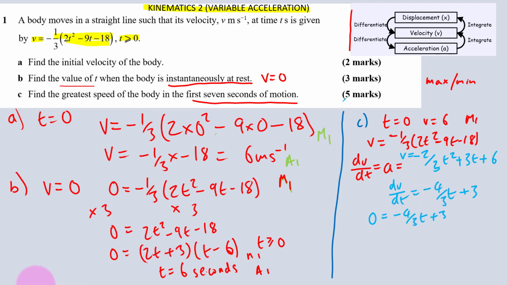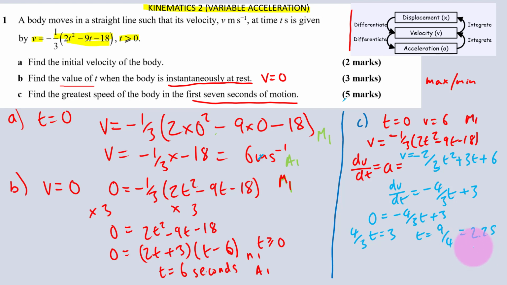Now can we remember, what do we need to do here? So we find t, so 4 over 3 t is going to equal 3. So times 3 divided by 4, t equals 9 over 4, which equals 2.25. So that value is going to give us a maximum or minimum value of v in the first 7 seconds of motion.